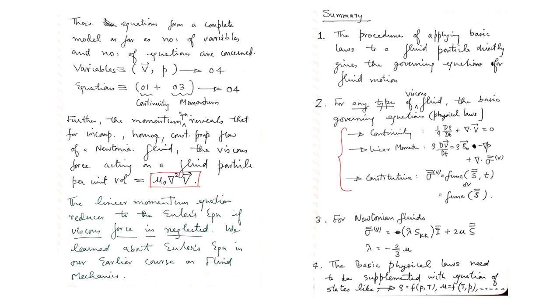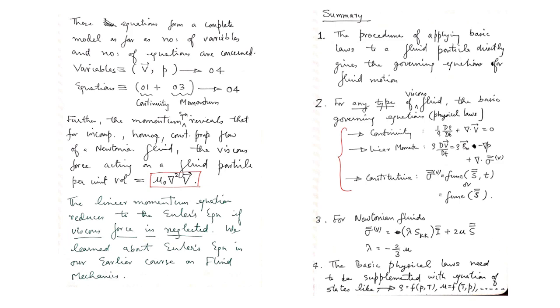right. So now notice that the linear momentum equation reduces to the well-known Euler's equation that you learnt in the earlier course on fluid mechanics if you neglect the viscous force. That means if I say that I am dealing with a flow where I feel that the viscous effects are not very significant, so I drop the viscous force altogether from the linear momentum equation, then from the Navier-Stokes equations I get the celebrated Euler's equation.